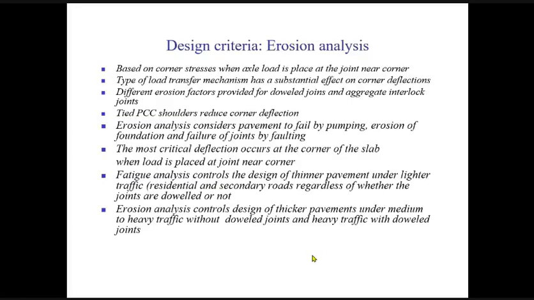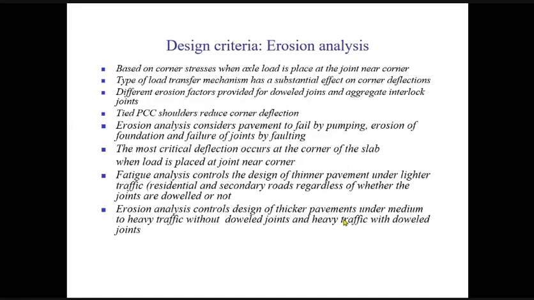Then there is one more thing: the design criteria of erosion analysis. The base on corner stresses when an axle load is placed at the joint near the corner. The type of load transfer mechanism has a substantial effect on corner deflections. Different erosion factors are provided for doweled and aggregate interlock joints.